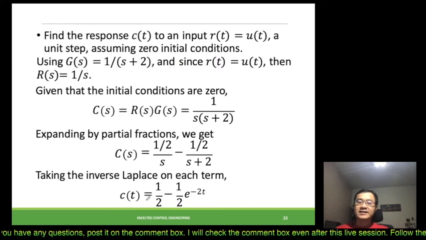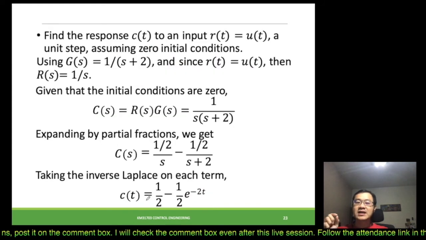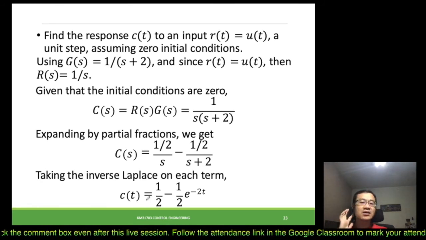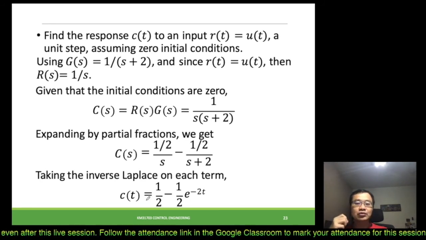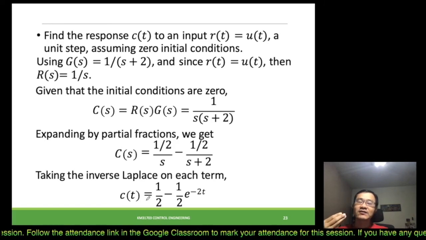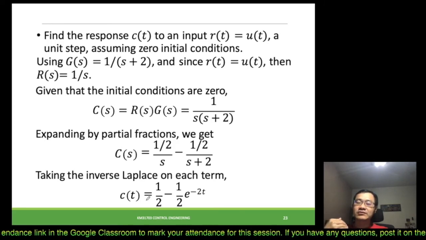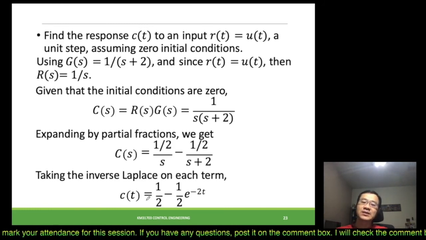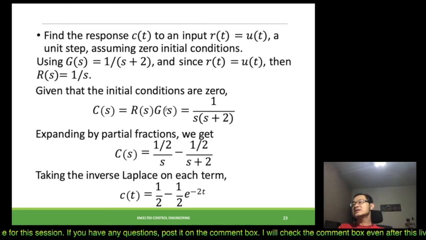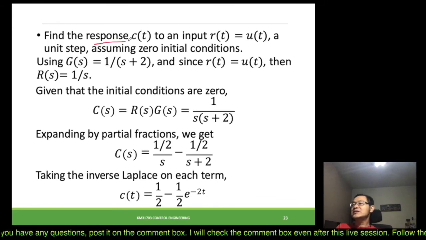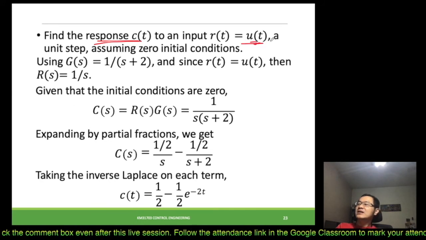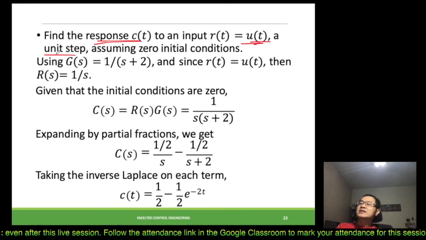Once we have identified the transfer function, as we know, if the transfer function is known, we are able to identify the response or output for a given input. So let's say we want to find the output, or the response, to a given input, and this input u(t) is a unit step.